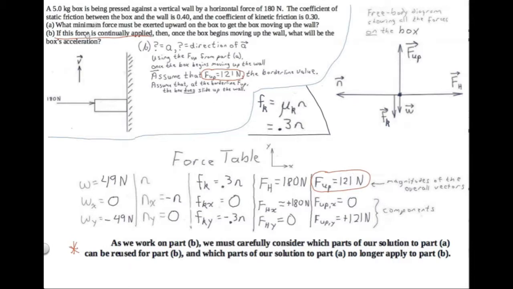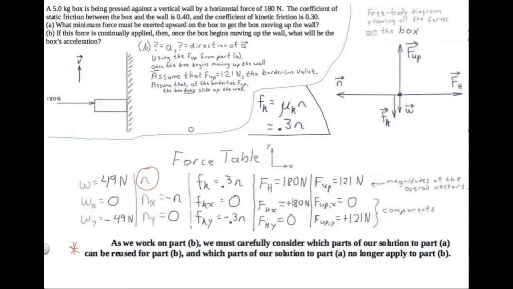That's based on this information. The problem told us, for part B, this force is continually applied. And what they're referring to there is the minimum force that we determined in part A. In part A, we determined the magnitude of that minimum force as 121 newtons, and we should continue to apply that magnitude for part B.